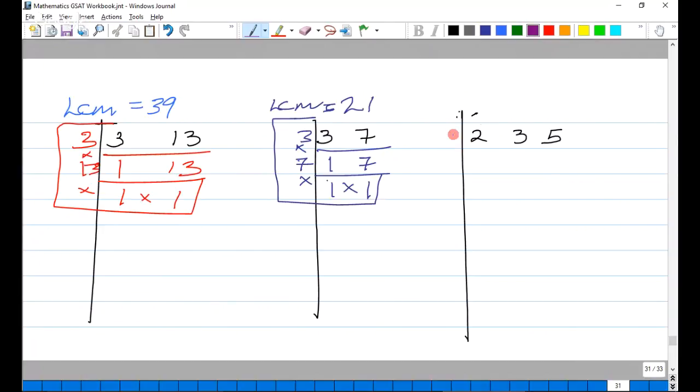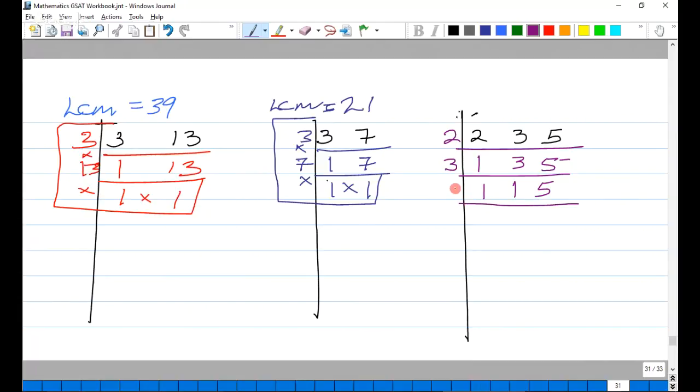Here's another one. Start with the smallest prime, which is 2. Next, 2 into 2, 1. 2 into 3, write it back. 2 into 5, write it back. What do I move on to? 3, sir. Good. Write back our 1. 3 into 3, 1. Write back 5.